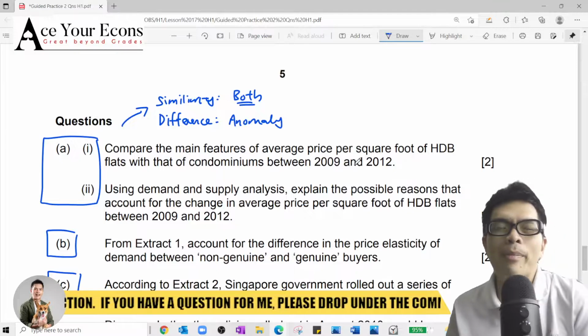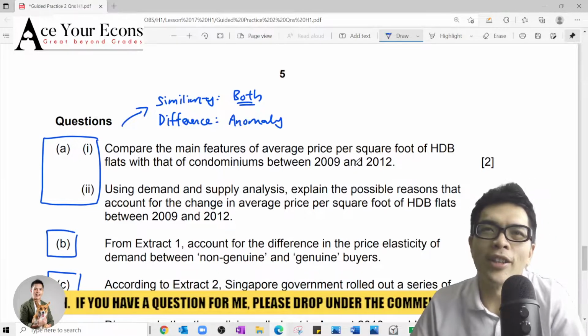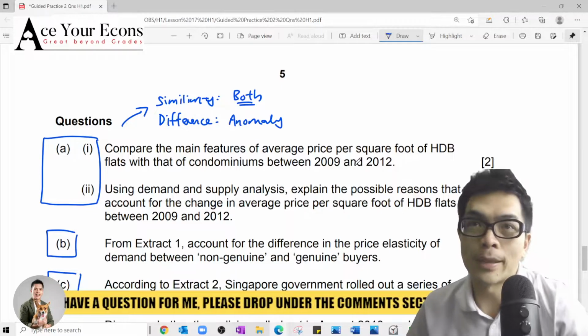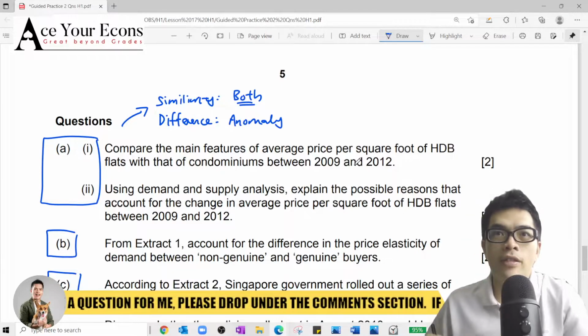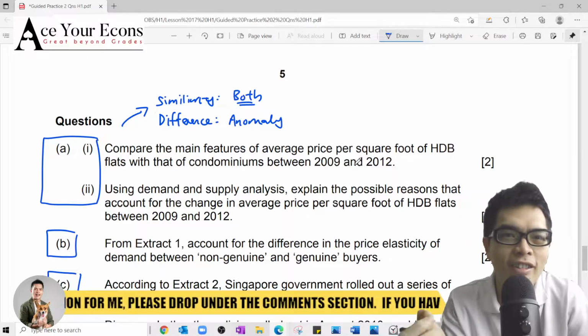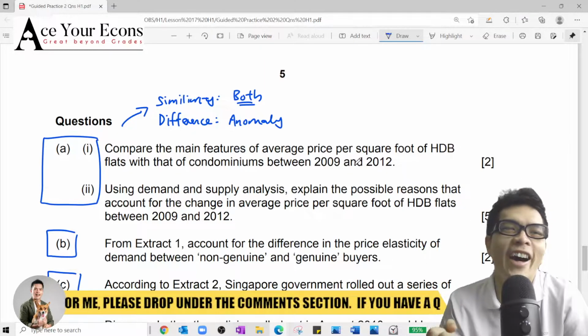Remember, your job is to convince Mr. Teo, not confuse Mr. Teo, right? So you brought up a point, expectation of future price. When Mr. Teo asks a question, it doesn't necessarily mean that you're wrong, but you have to justify why.